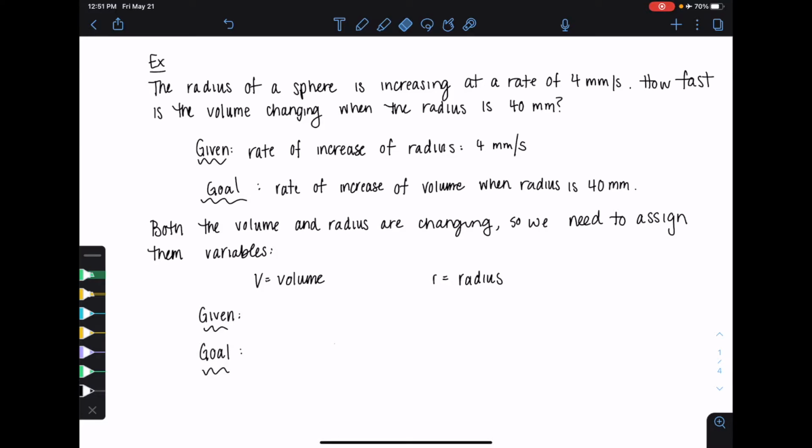So my rate of increase of my radius is really the rate of change of R with respect to t. So that's dr/dt. That rate is 4 millimeters per second. We want the rate of increase of volume, that's dV/dt, specifically at the moment when the radius is 40 millimeters.